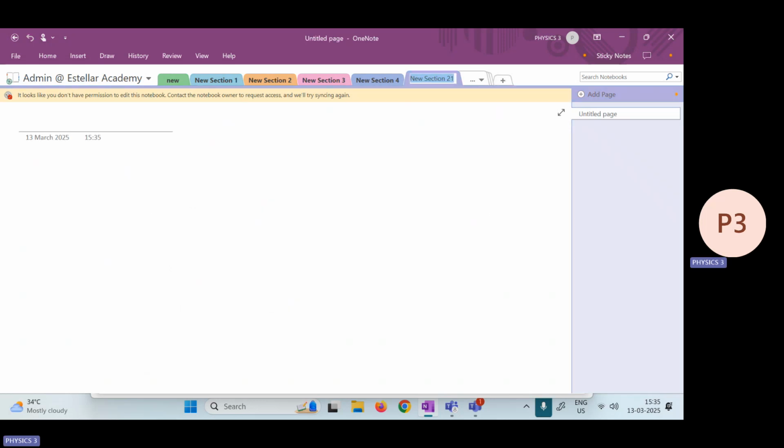We are given a man running uphill with a velocity of 2i cap plus 3j cap meter per second with respect to ground. So velocity of man is 2i cap plus 3j cap meter per second.